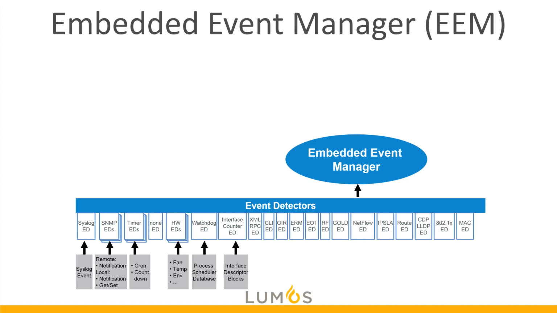Various hardware environment variables such as fan speed, temperature, or power dipping below a particular voltage. We can just have a watchdog that's sitting there watching a process. We can have interface counters once they pass certain thresholds.